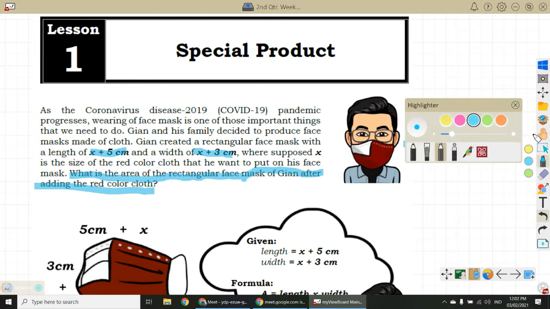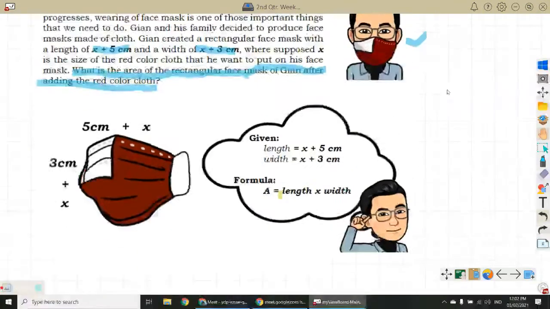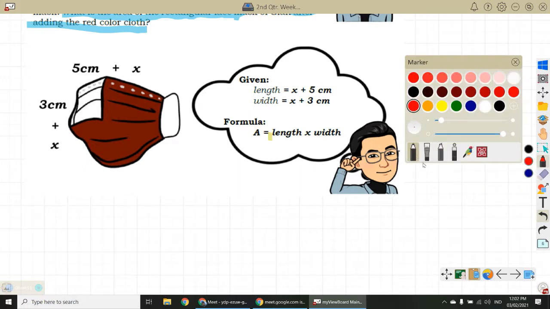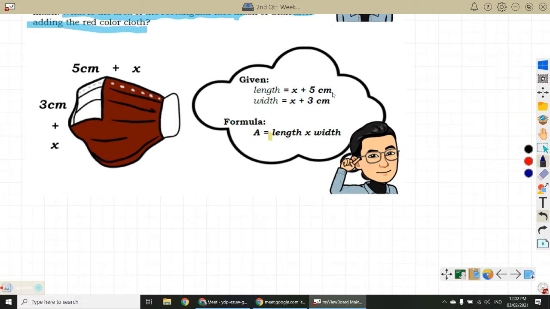To illustrate that, we have here the length of the face mask, which is x plus 5, and then the width, which is x plus 3. Yung illustration niya ng face mask.